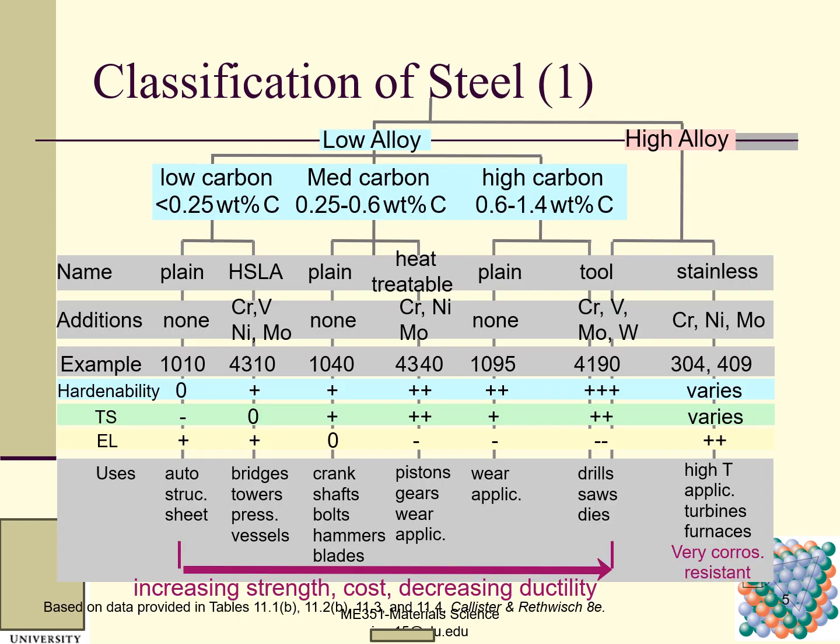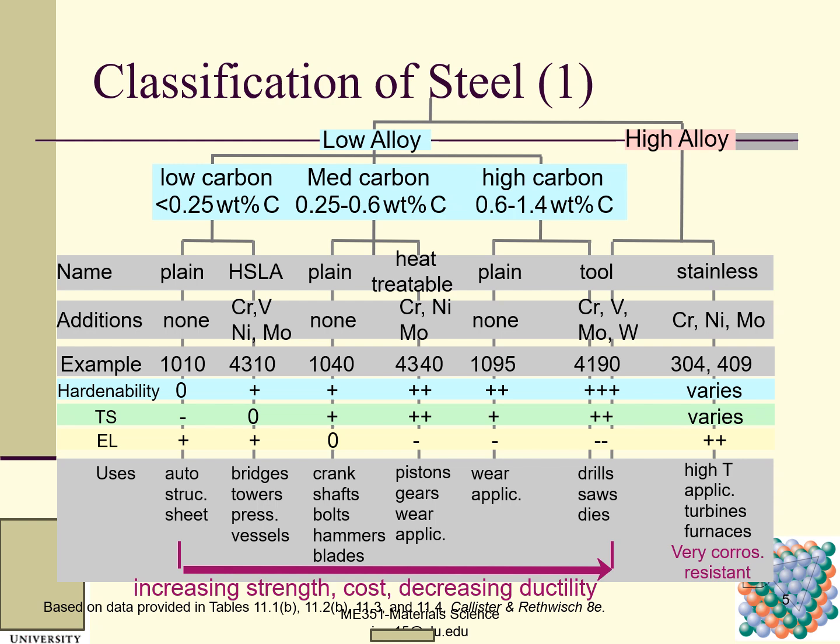And for the low alloy, we have low carbon, medium carbon, and high carbon. As you can see, it's based upon the carbon composition. If the carbon composition is less than 0.25 weight percent, we call it low carbon. Low carbon, this is the name plain, the high strength, this is the low carbon alloy.